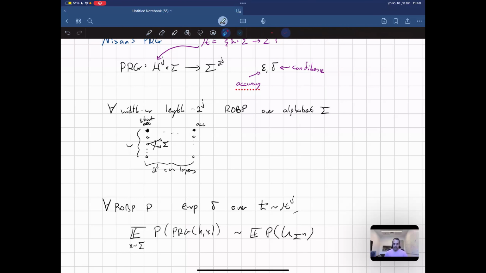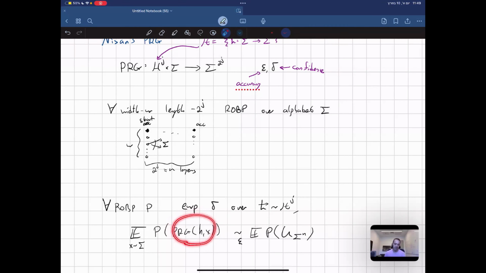So not only that, when you take the expectation over the seeds, you get something that approximates what you want, but there is a stronger notion: for every read-once branching program, except with this confidence probability delta, taken over the hash functions of Nisan's, when you only average over X, namely H is fixed and you go over all X's, each X gives a sequence of length N over sigma to the N. We call it an instruction.